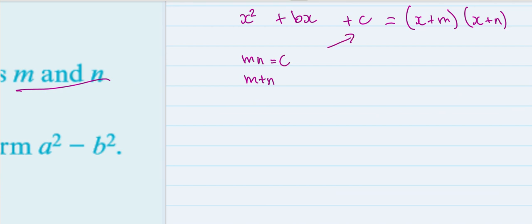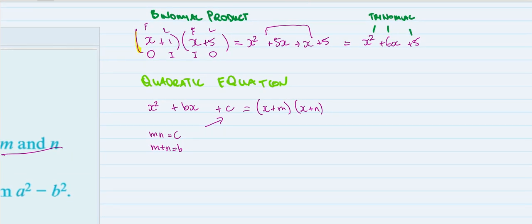So they equal that term there. But m plus n gives the value of b. Now let's have a look at that above equation here. We've got 5 and we've got 1x. So 5 plus 1 equals 6. Yeah, so that works well. And the other one is 5 times 1 equals 5.